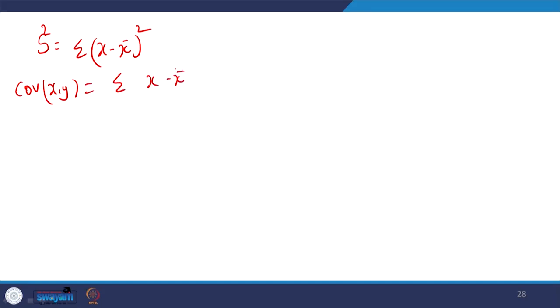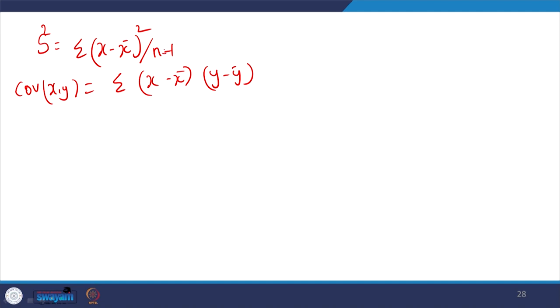Students, we have studied so far variance, covariance, correlation coefficient. Just let me make a relation. For example, we know the variance formula: variance equals sigma of x minus x bar whole squared, divided by n minus 1. So variance is for one variable. If you want it for 2 variables, this variance will be called covariance. So covariance is sigma of x minus x bar into y minus y bar, divided by n minus 1.